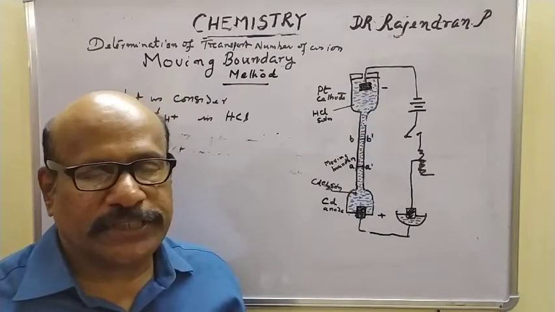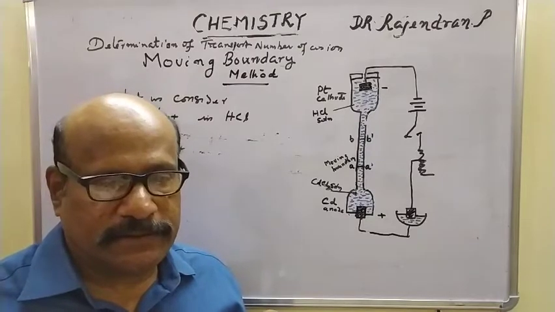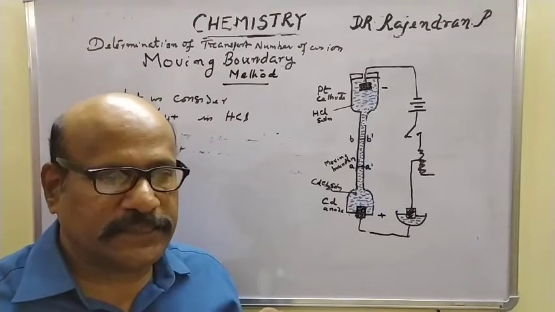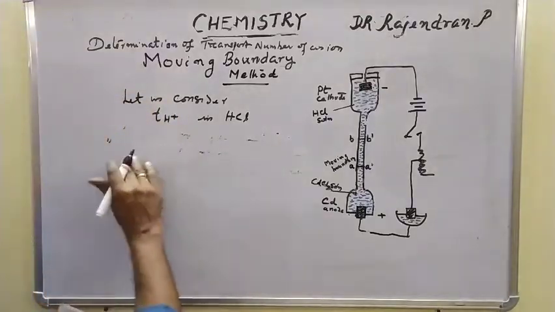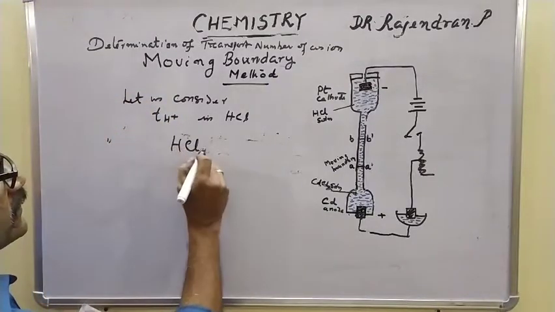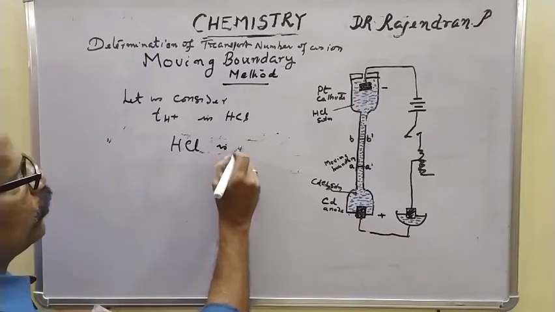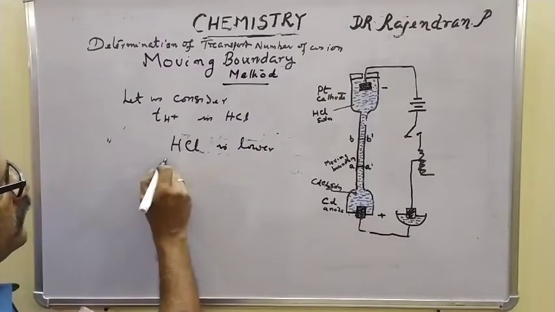The HCl solution is slightly lesser in density than cadmium chloride. HCl is of lower density.